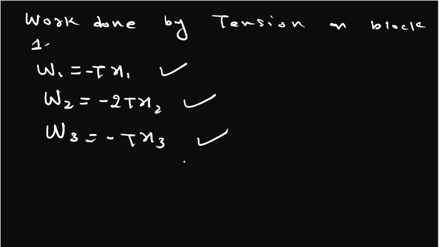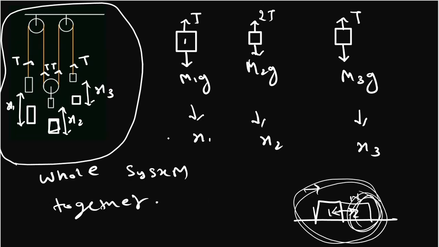But what will W1 plus W2 plus W3 be? When we add all three, we are calculating the work done by tension for the whole system, because in this system only three blocks are moving. Work done is only calculated for moving particles, and here we only have three moving particles: block 1, block 2, block 3.